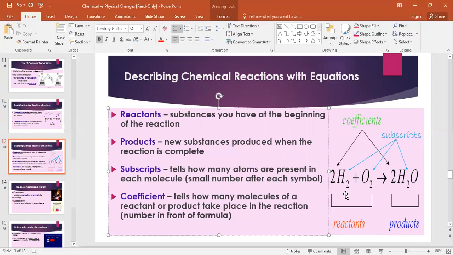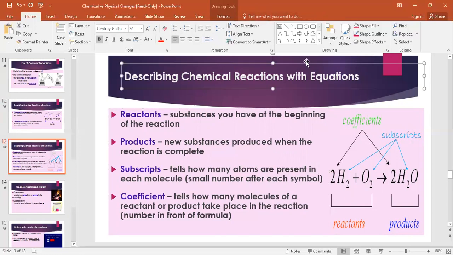So there are 4 individual hydrogen atoms. And the next thing would be, well, how much of the other guys do we have? Well, we have 2 oxygen, and because there is no coefficient, we're just going to say that's 2.